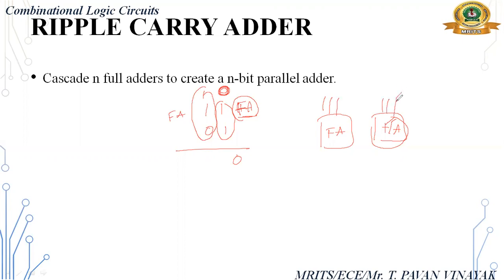So one input is always fixed to 0. This carry is given to here. Like this, right? So for the first addition, the initial carry is always 0.